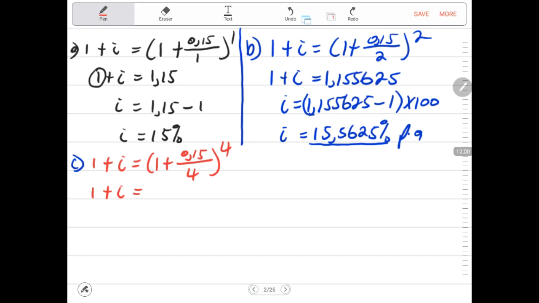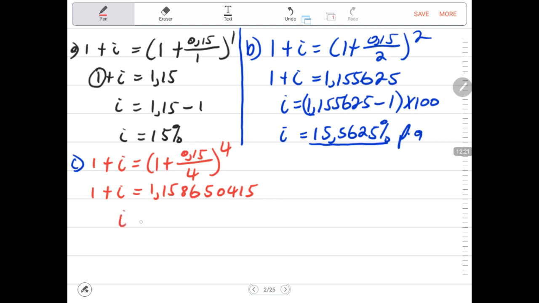Second function, dip 4, meaning to the power of 4. Then the answer you get will be 1.1586 50415.